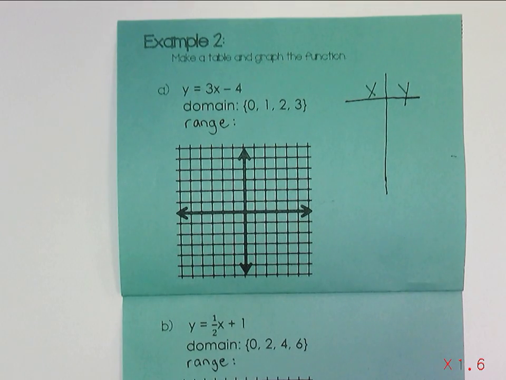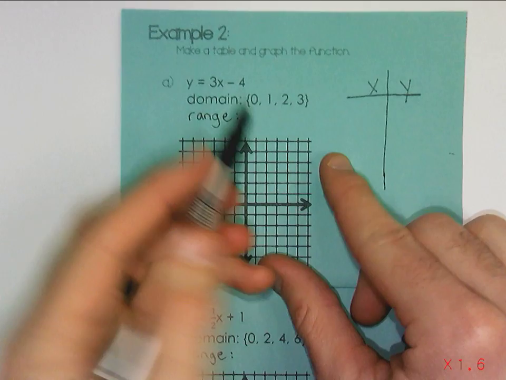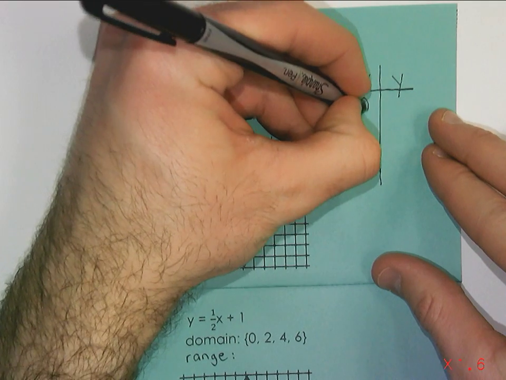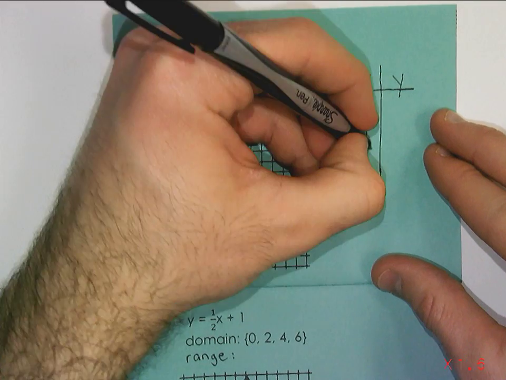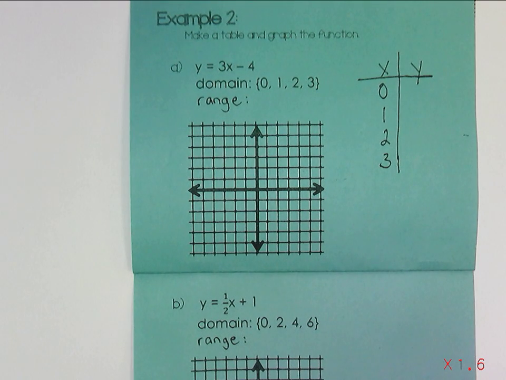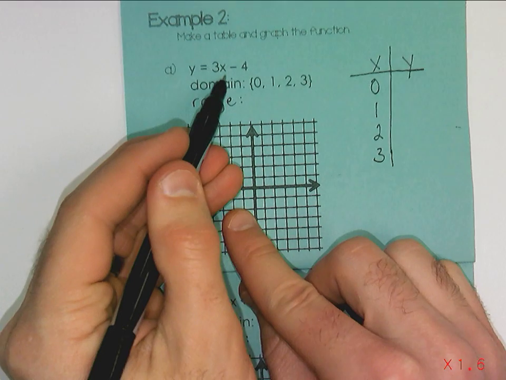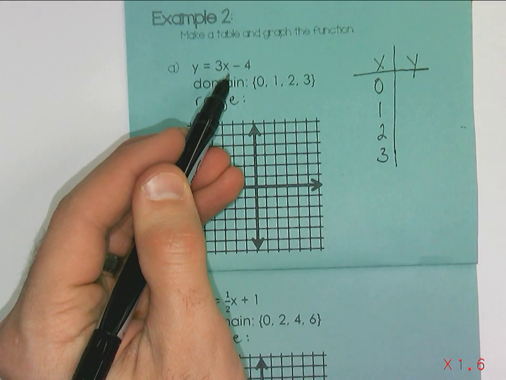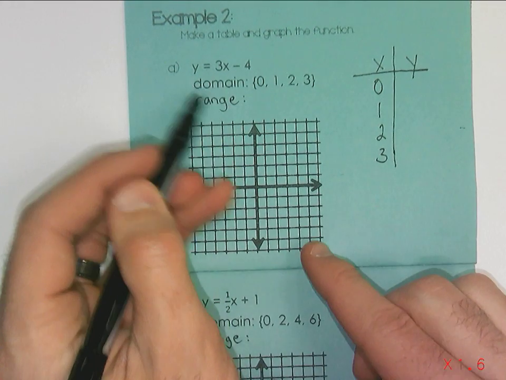So what this is telling me is that my domain, or my x values, I'm going to copy over 0, 1, 2, and 3. Those are my independent variables. I know what those are. Now I'm going to find my range, or my y values, and those depend on what we substitute in for x within this equation here.